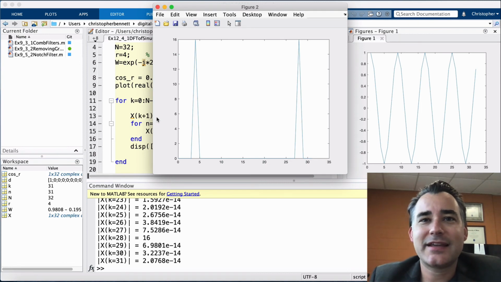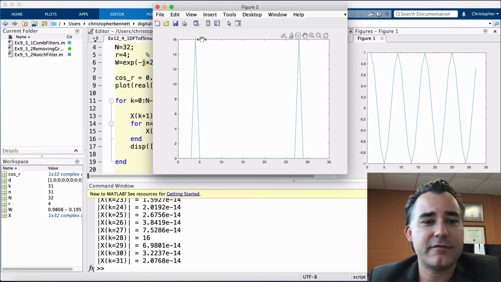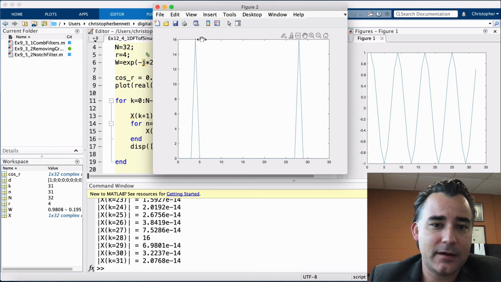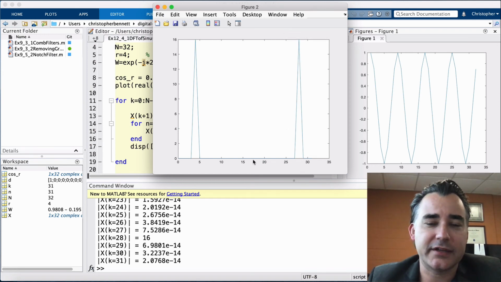we see that xk does indeed have a large magnitude spike associated with two frequency bins. They are at 4, which is the location of our 6k sinusoid, and at its conjugate.